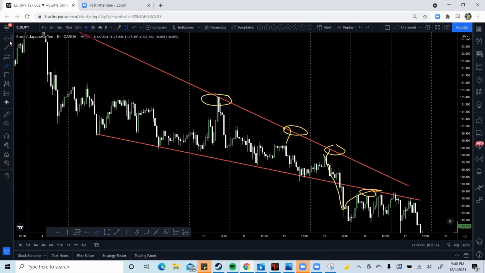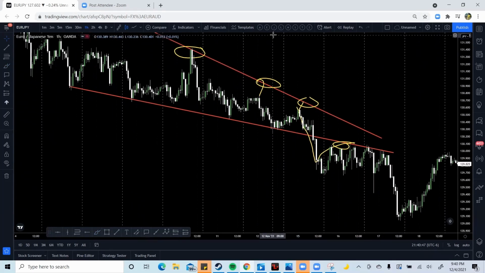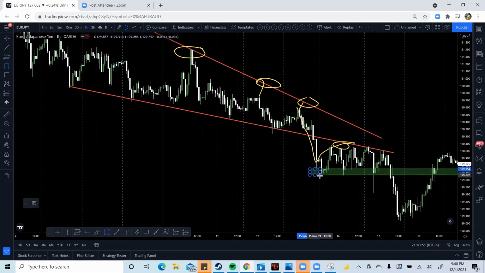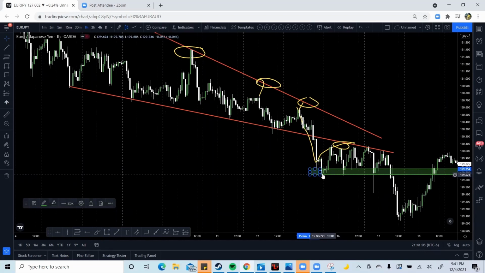Sometimes both horizontal and diagonal resistance can be used together. So let me show you that example. So we go here. This was a support line. The price had closed beneath it. You see how I'm drawing it kind of where price closes in that area and using some of the wicks.